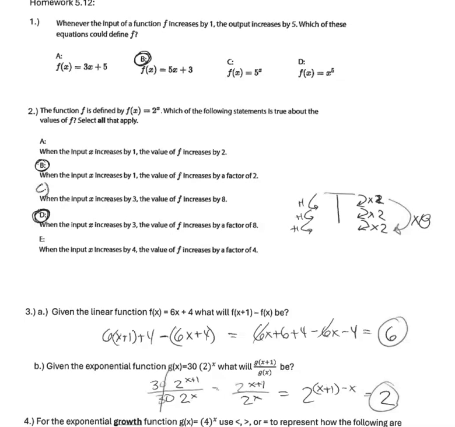And when you look at this, you can see if you multiply by 2 to get to the next number, then multiply by 2 again, and then multiply by 2 again, that is a factor of 8. Like multiplying by 2 3 times is 8. So that one is true. And then E is not correct. When you increase by 4, the other one increases by a factor of 4. That is not correct. It would actually be 2 times 2 times 2 times 2, a factor of 16.